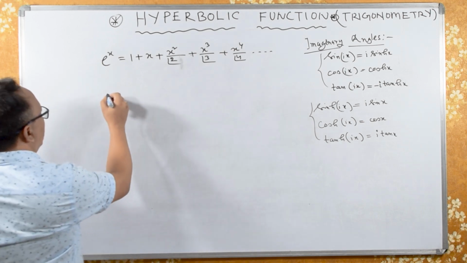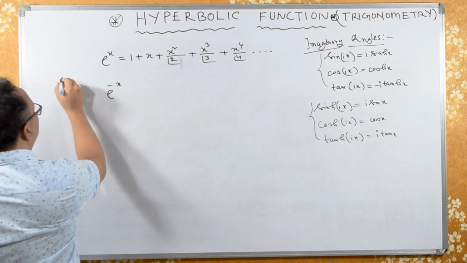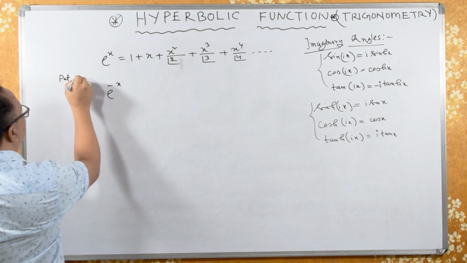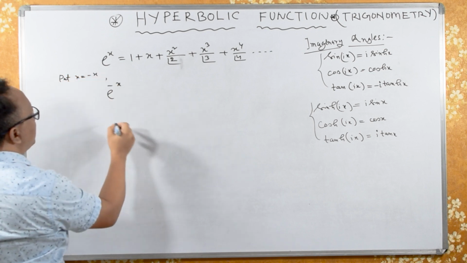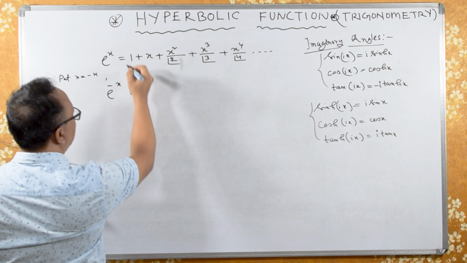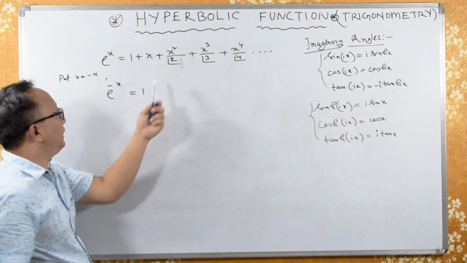Now what is e raised to minus x? If I substitute x equals minus x, then 1, as a constant, doesn't change.